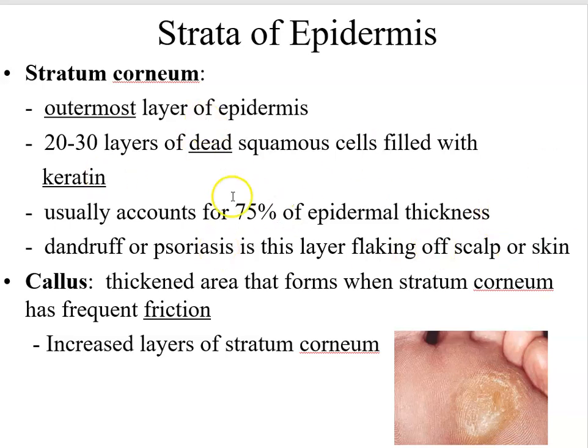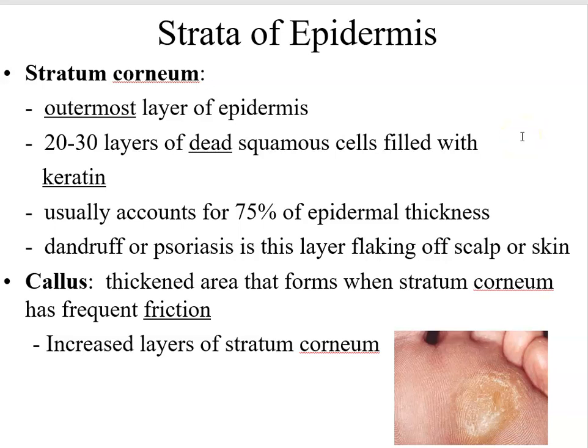This is usually the thickest layer, though it varies. And as we spoke about, it can be lost prematurely or quicker than we would like. The stratum corneum is an expendable layer. It's made solely for protection. Again, the cells are completely keratinized.